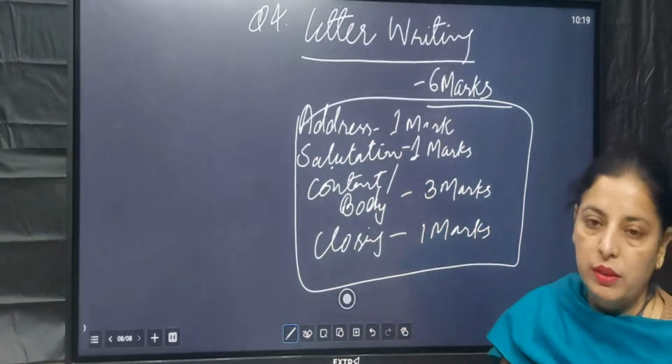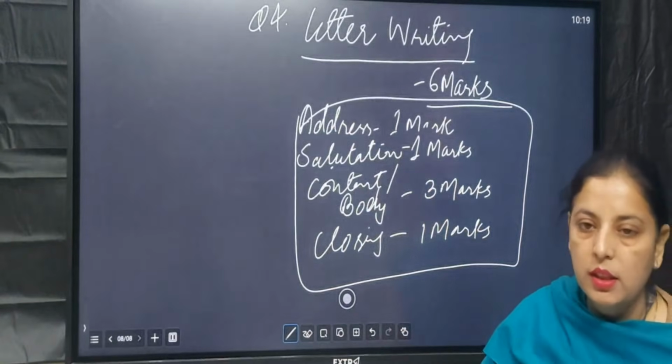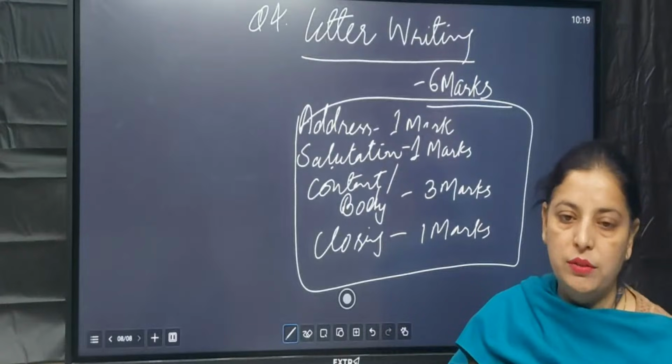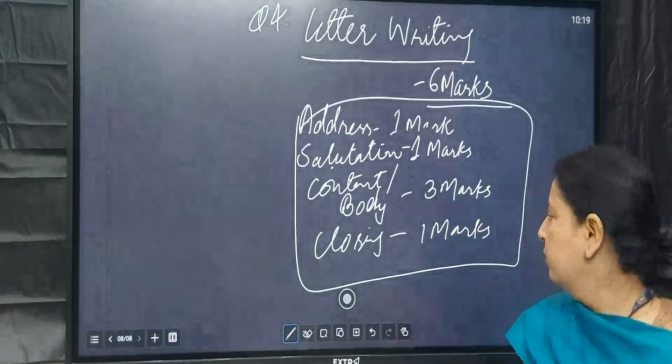So your address is of 1 mark, salutation is of 3 marks, content of the letter, that is the body of the letter, is of 3 marks, and closing is of 1 mark.